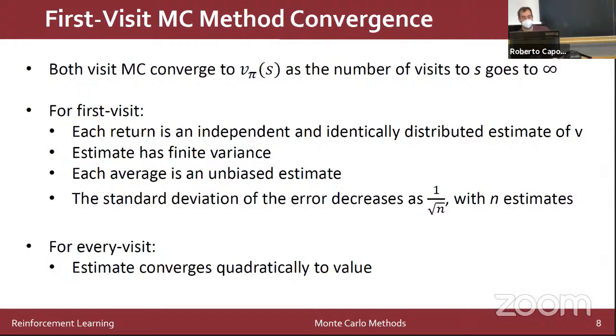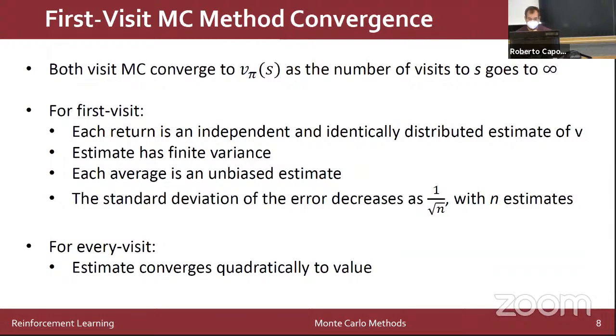You need to know that both MC versions, first visit and every visit, converge when the number of visits to a certain state goes to infinity. But that's just the standard thing: for every sampling process, if you have an infinite amount of samples, then your estimate will converge to the true value. This is nothing new.